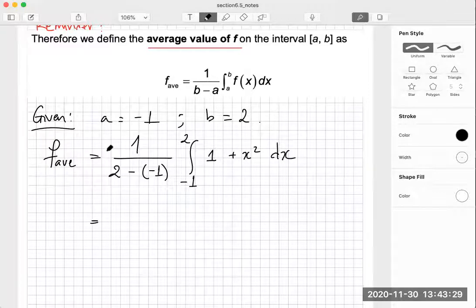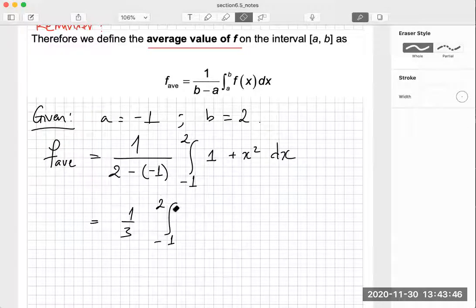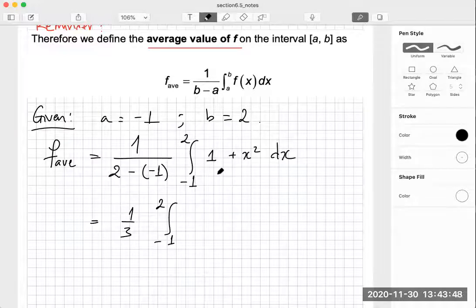So first, what is the number, the fraction? 1/3. Perfect, 1/3. Integral from -1 to 2 of this. We can do it directly, or we can use integral properties and separate it into two integrals.